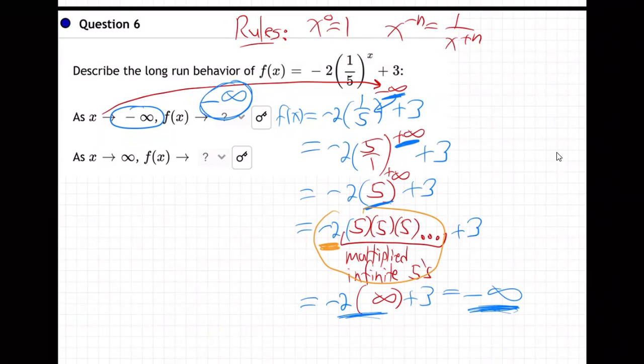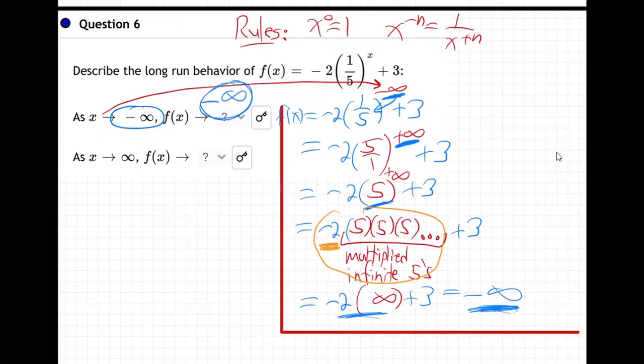Now, let me set that aside. And now let's do part 2 over here. Okay, so now for part 2. Again, f of x equals minus 2, 1/5 to the x plus 3.